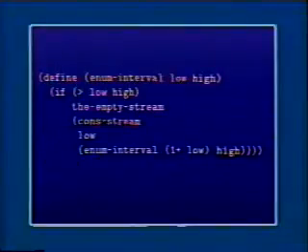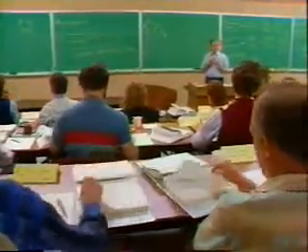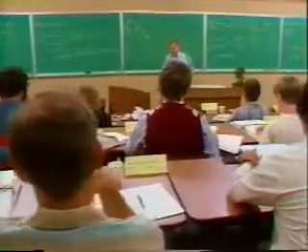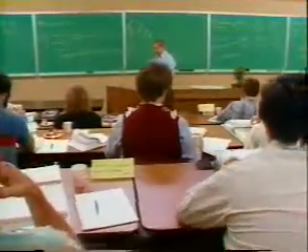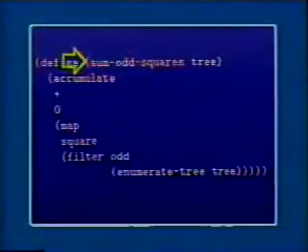Right, so that's a little language of talking about streams. Once we have streams, we can build things for manipulating them. Again, we're making a language. And now we can start expressing things in this language. Here's our original procedure for summing the odd squares in a tree. And you'll notice it looks exactly now like the block diagram, like the signal processing block diagram.